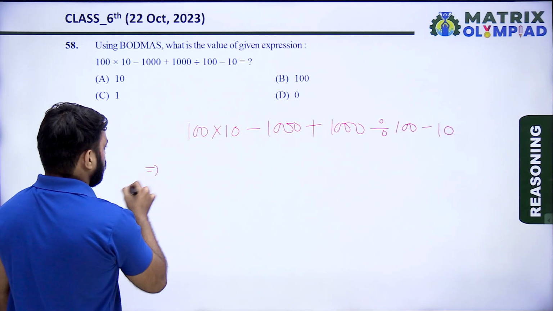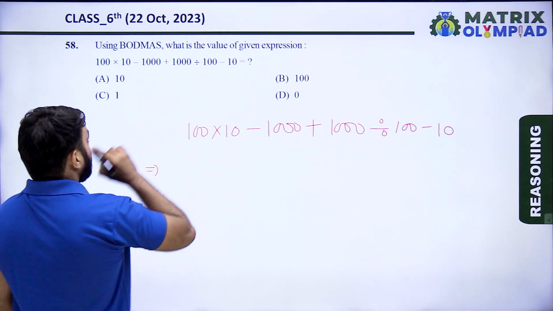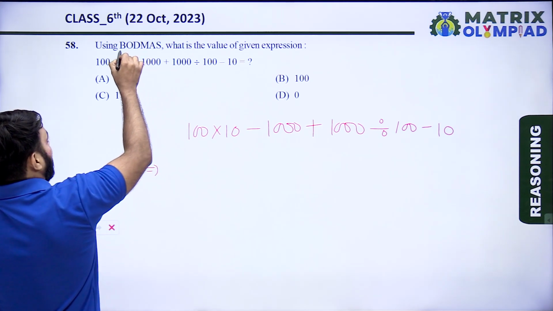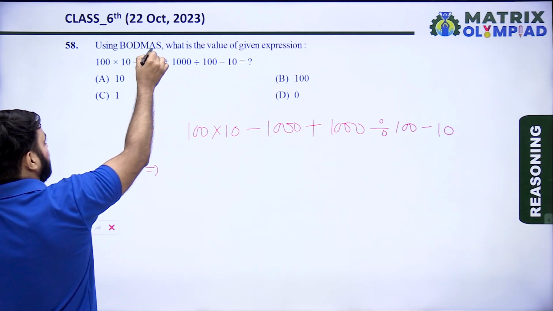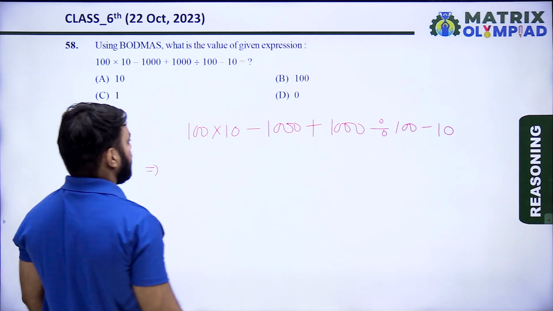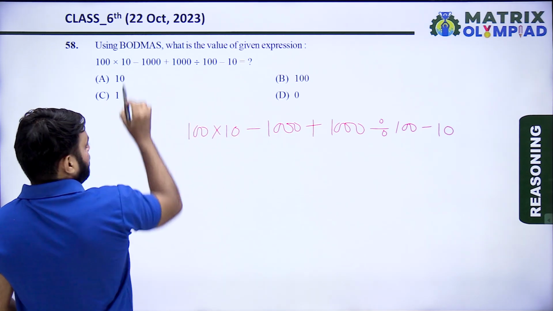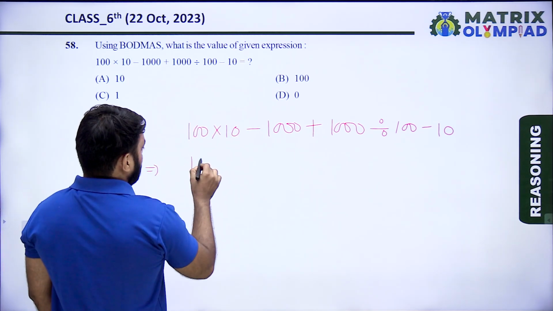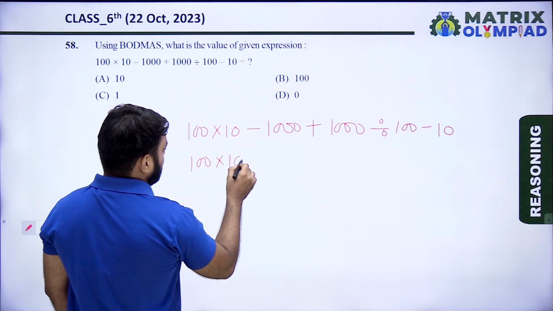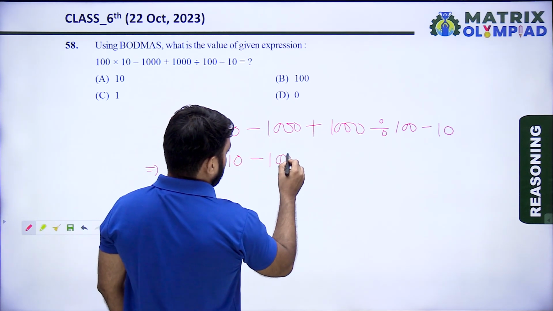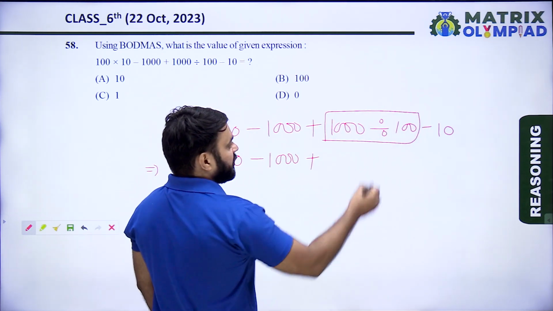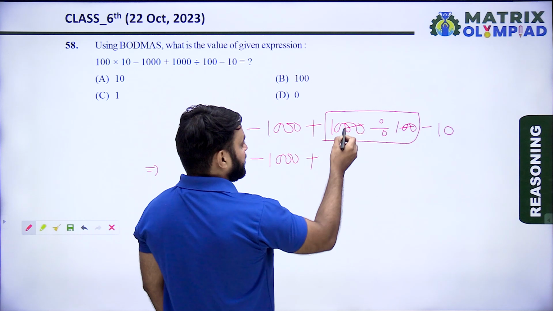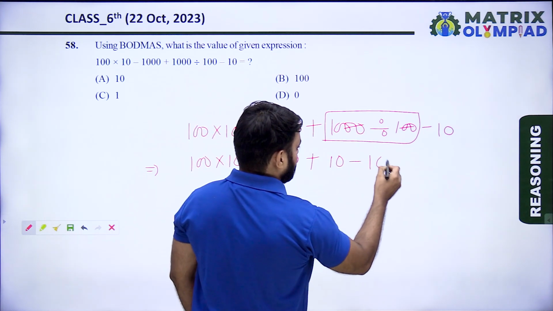Using BODMAS rule, B means bracket, O means order of power, D means division, M means multiplication, A means addition and S means subtraction. So, first divide the numbers. 1000 divided by 10, it means 10 minus 10.